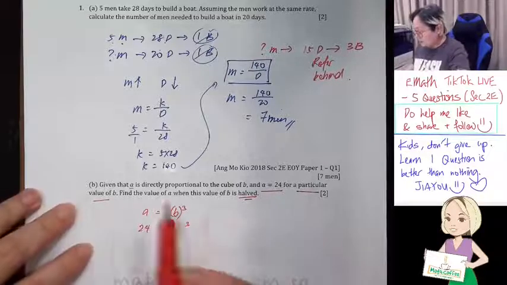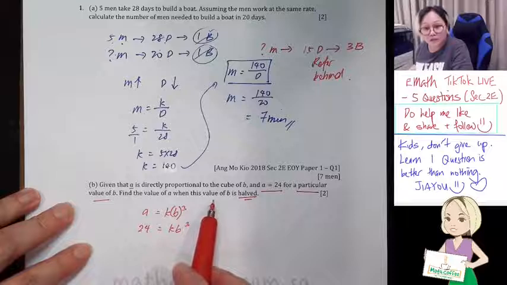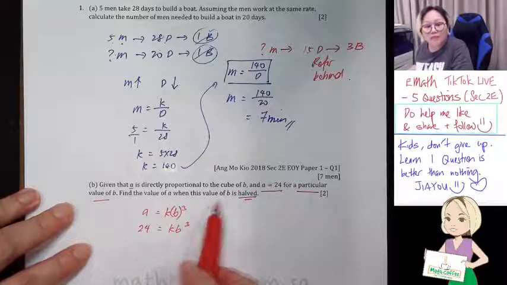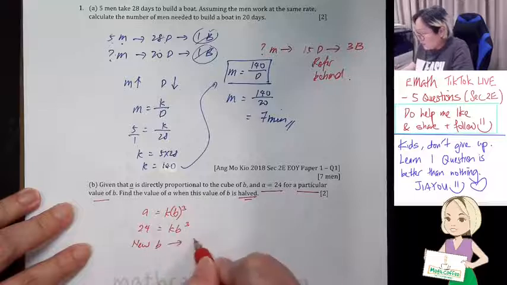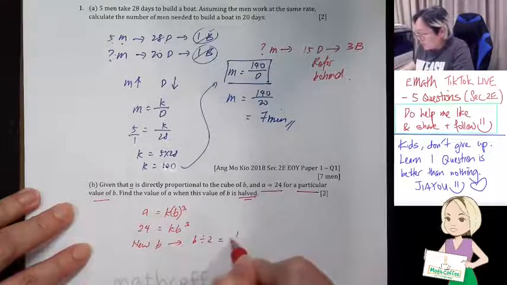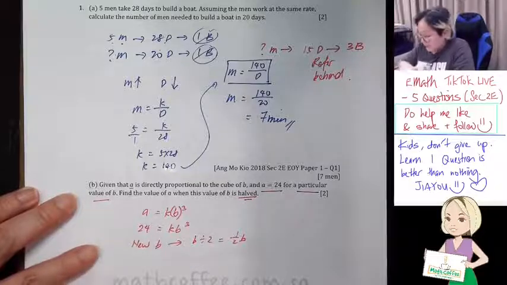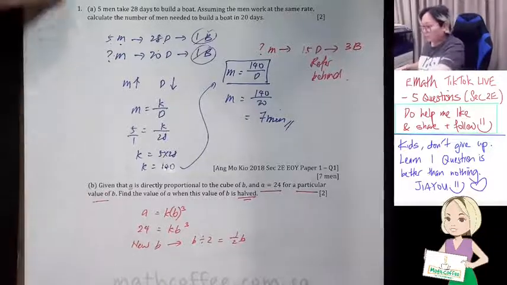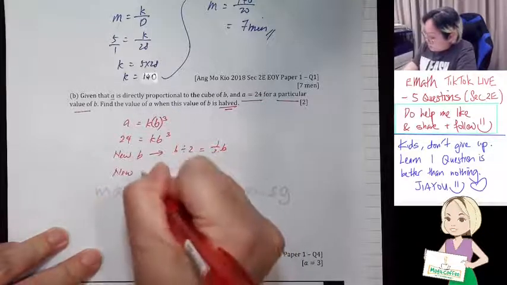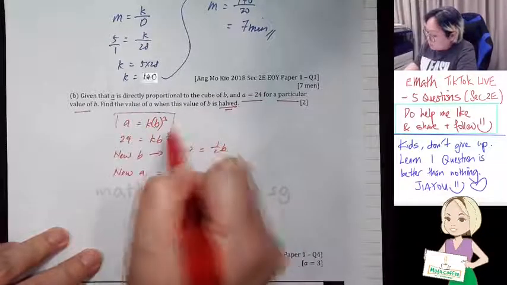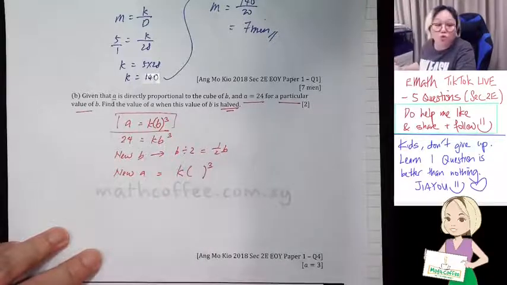Next they ask, find the value of A when this value of B is halved. So what is my new B? My new B is B divided by 2, which is half B. Then let's find my new A. My new A will be, always use this formula, KB cube.